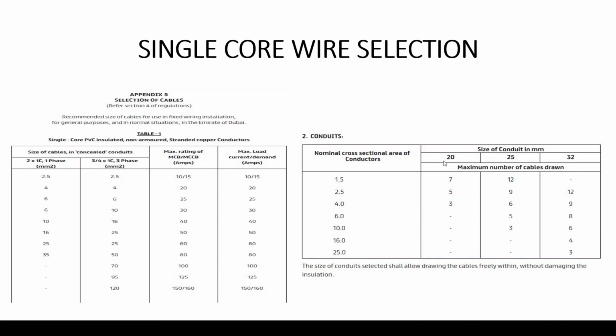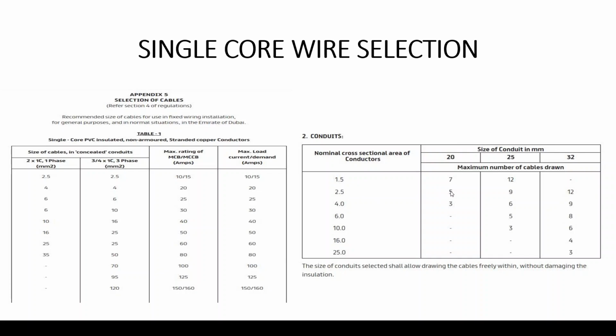So 20 mm conduit can take how many? We said for lighting circuit we use 2.5 mm wires, and a maximum of 5 number wires can go in 20 mm conduit.